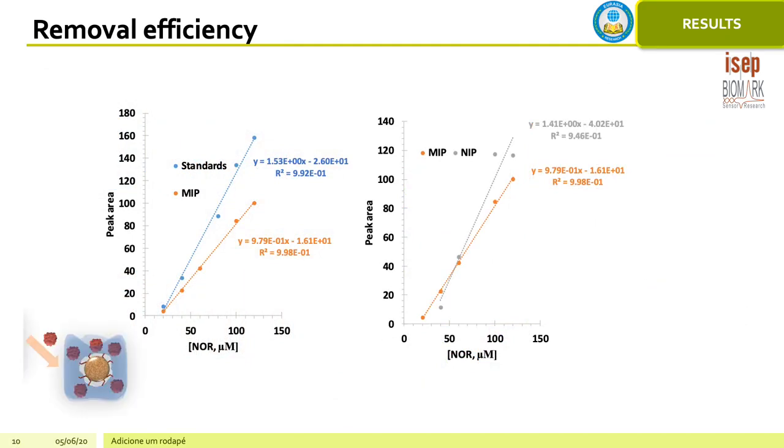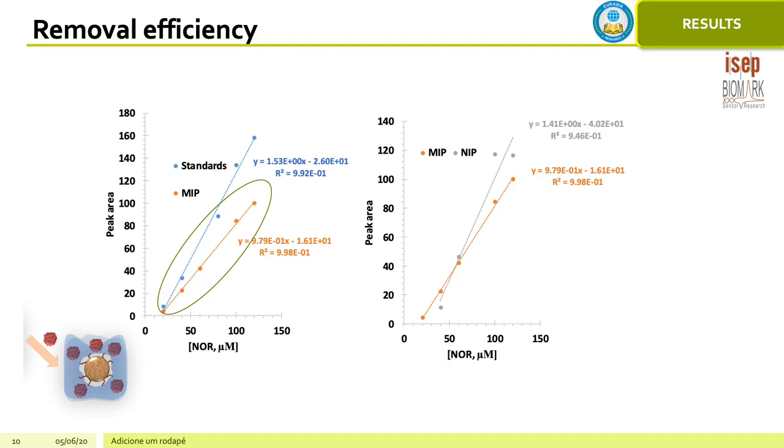After rebinding NOR to cork MIP, the supernatants in the flasks were used to determine the concentration of NOR in solution with the HPLC method, in order to estimate the adsorbed concentration of antibiotic on cork MIP.